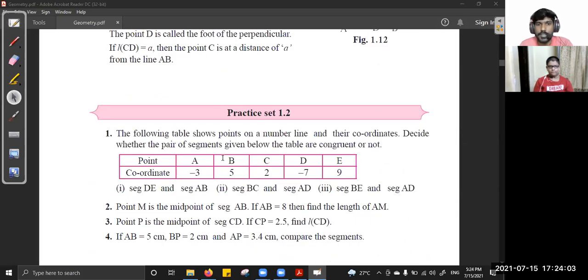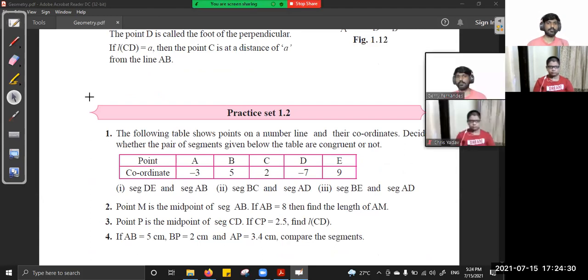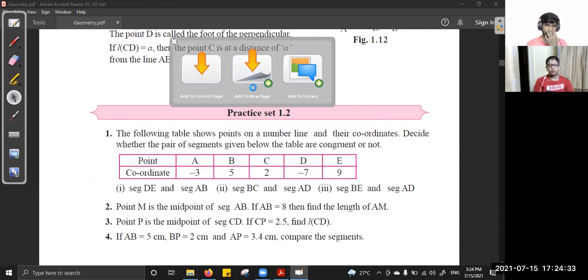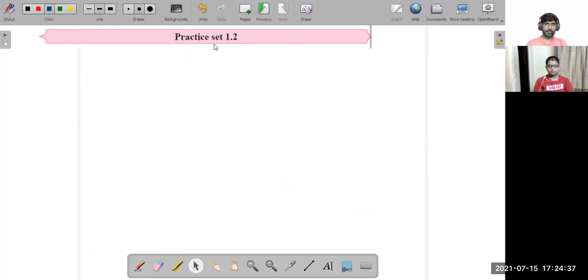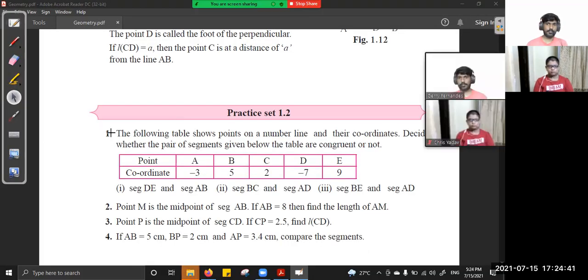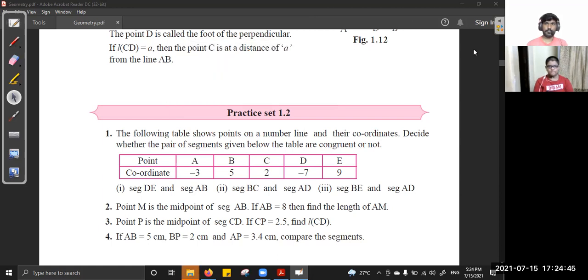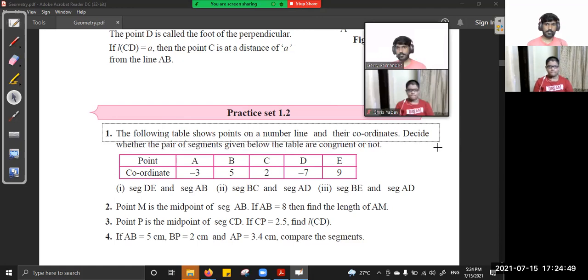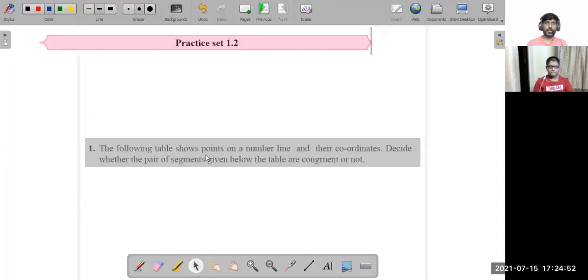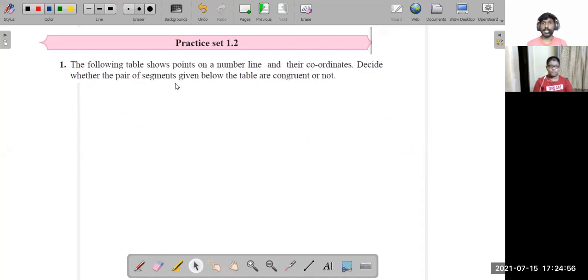Okay, now we can start with the exercise. The following table shows points on the number line and their coordinates.